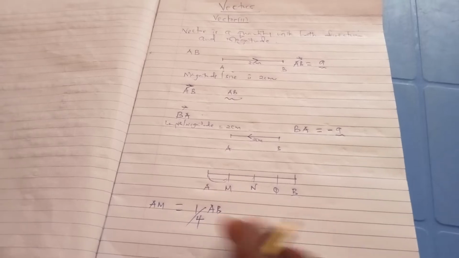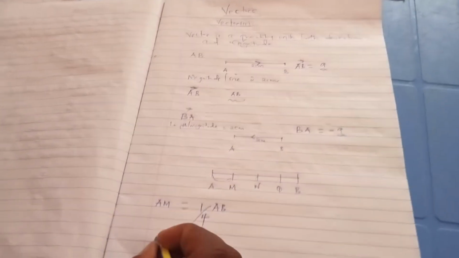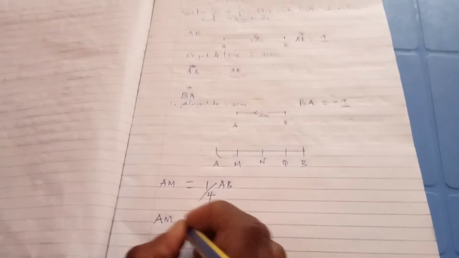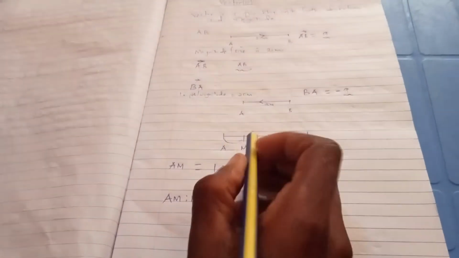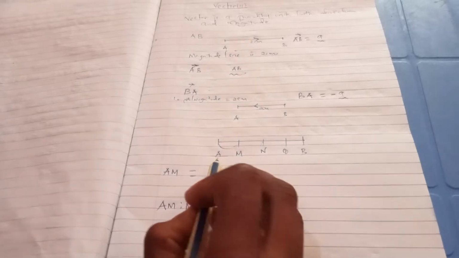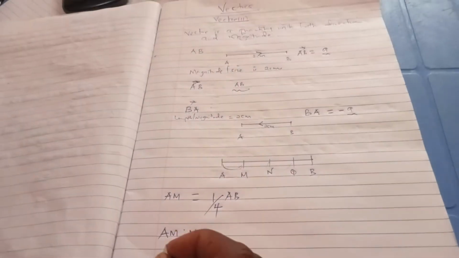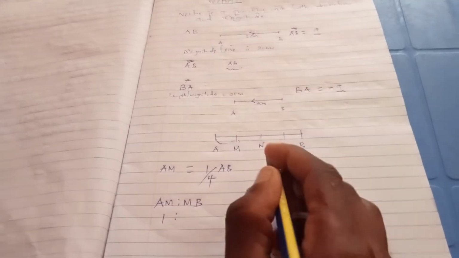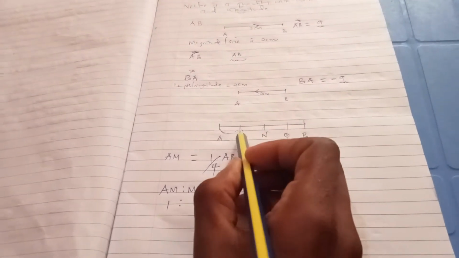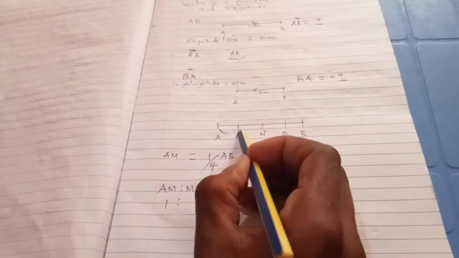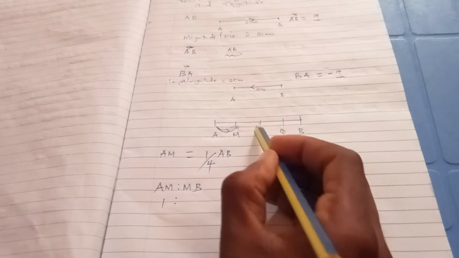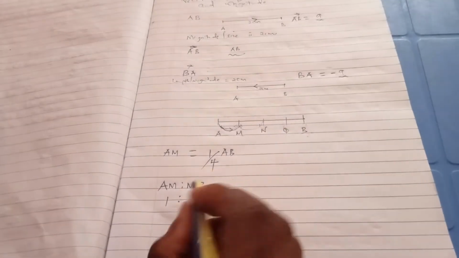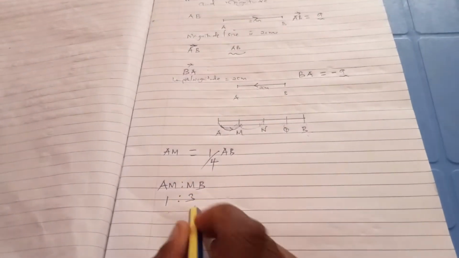We can also indicate this by saying that AM is to MB. How many spaces are between A and M? 1 step. And then from M to B will be 1, 2, 3. So we can give it as a ratio of 1:3.